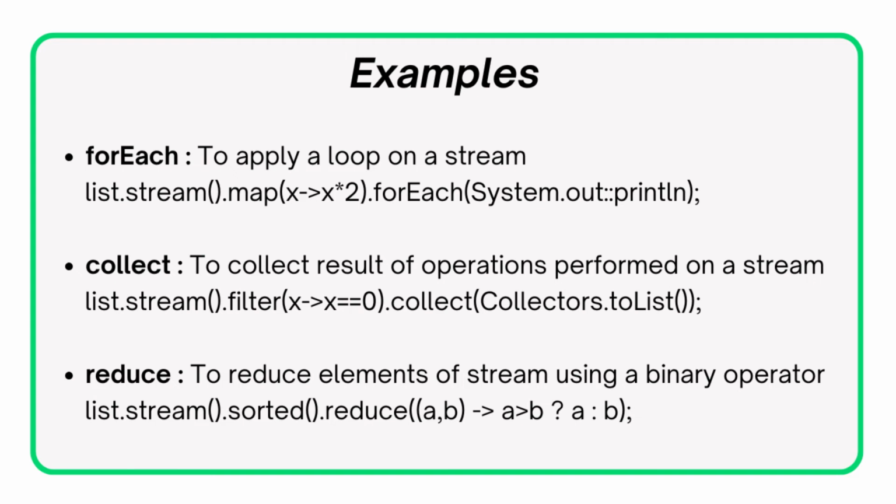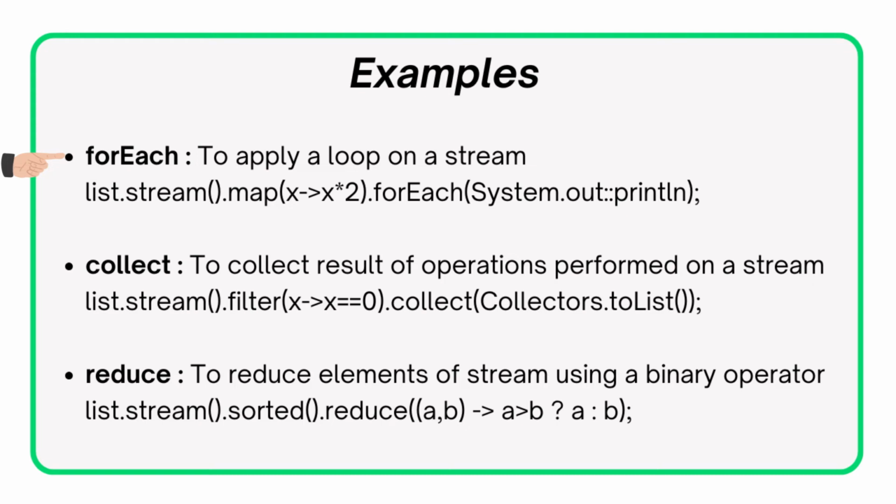Let's see some of the examples. forEach, operation used to apply a loop on a stream. list.stream().map(x -> x * 2).forEach(System.out::println). Here again, the stream function returns a sequential stream with this list as its source.